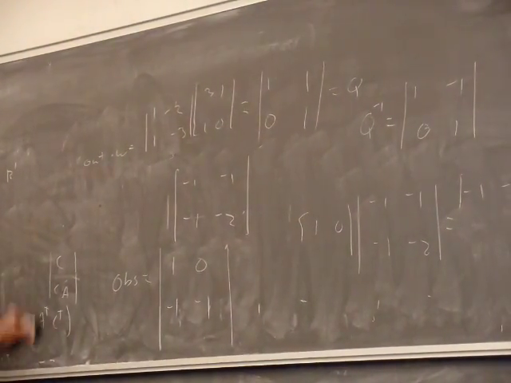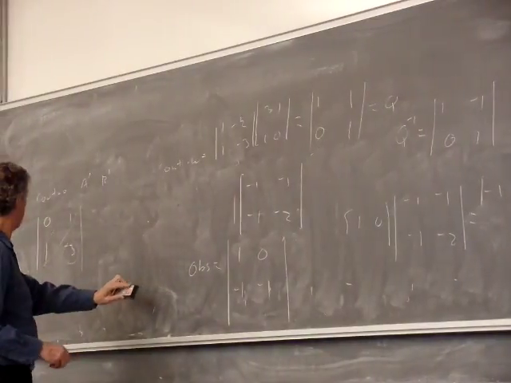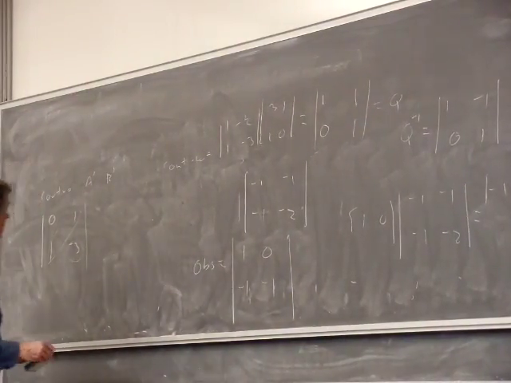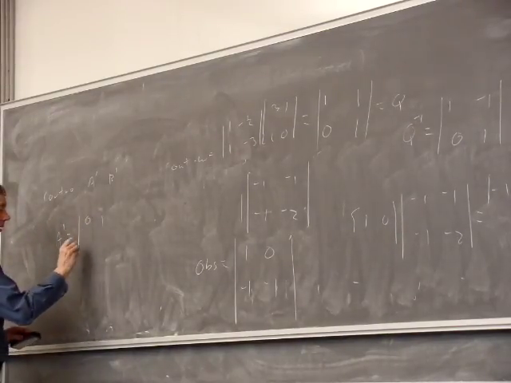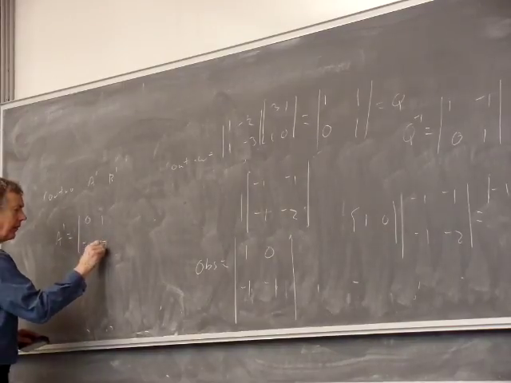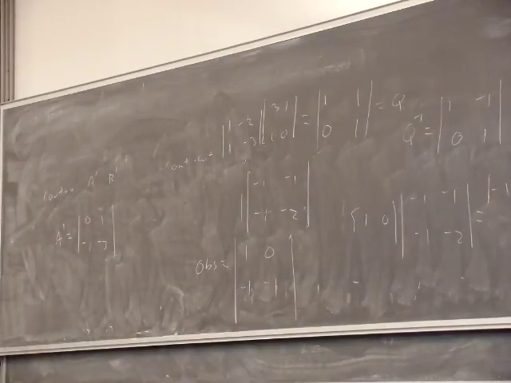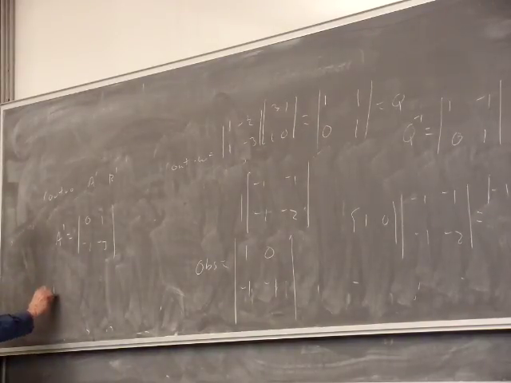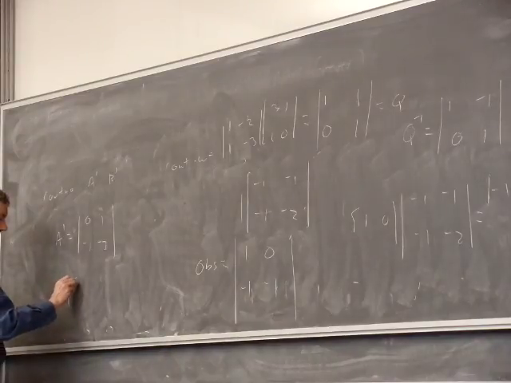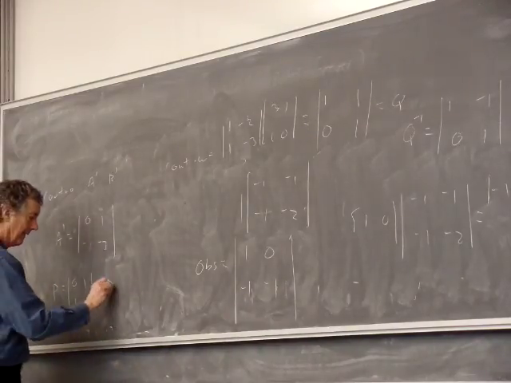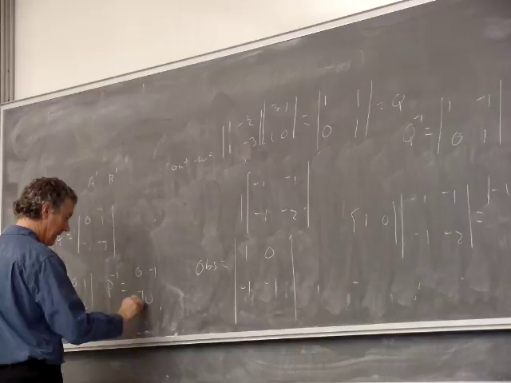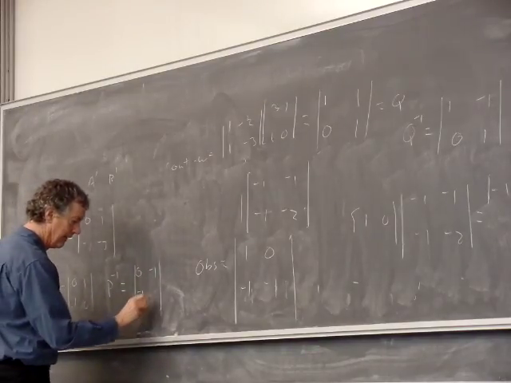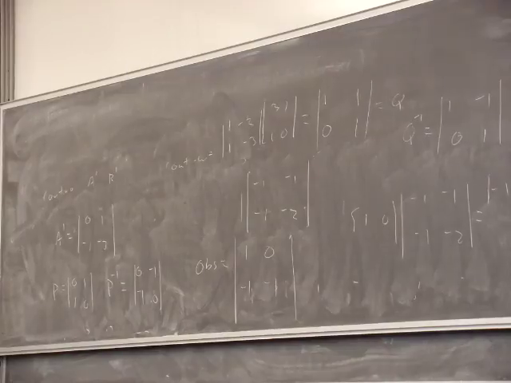So I have here the controllable form. Let me erase it here. A prime was 0, 1, minus 1, minus 3. I'll put that in the observable form. Try this transformation. See what happens here.